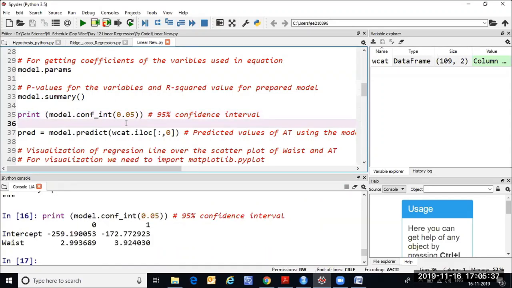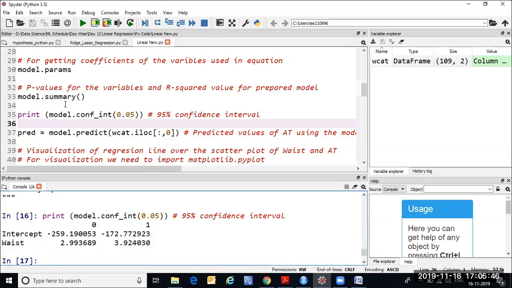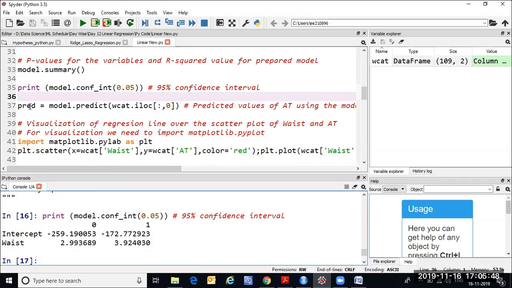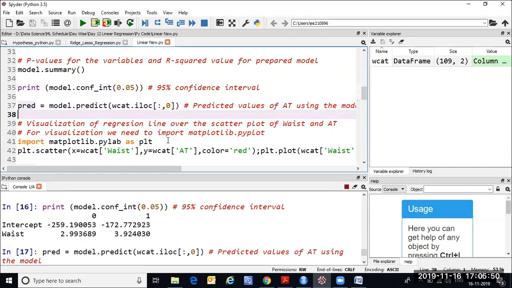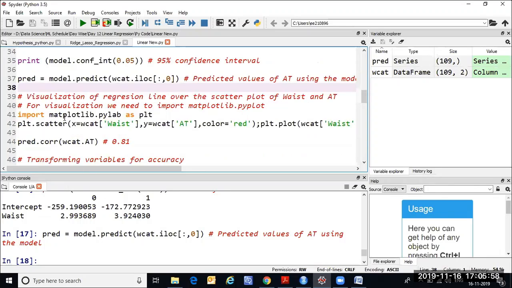Printing this. So these are lower bound coefficients for lower bound value, coefficients for upper bound value. Predictions based on predicted interval, prediction interval.